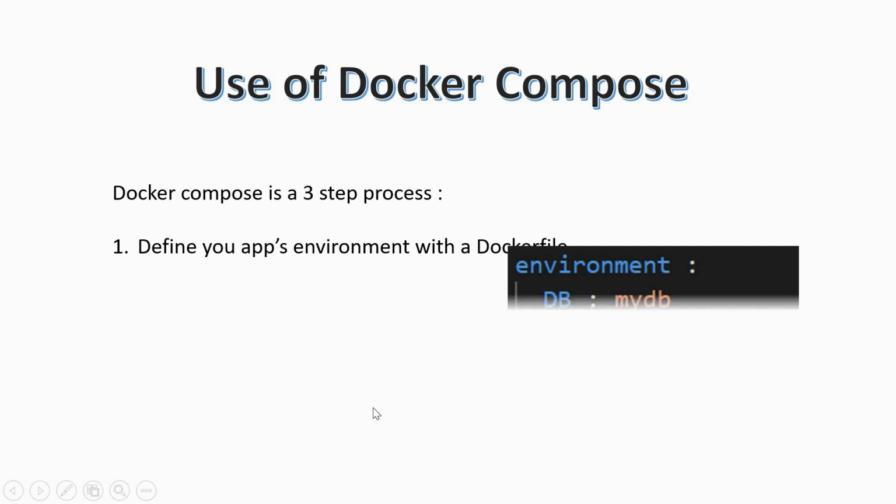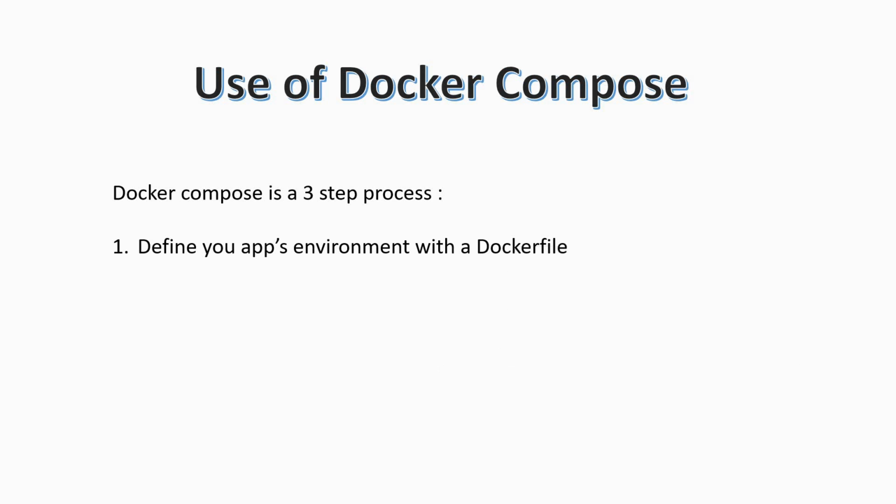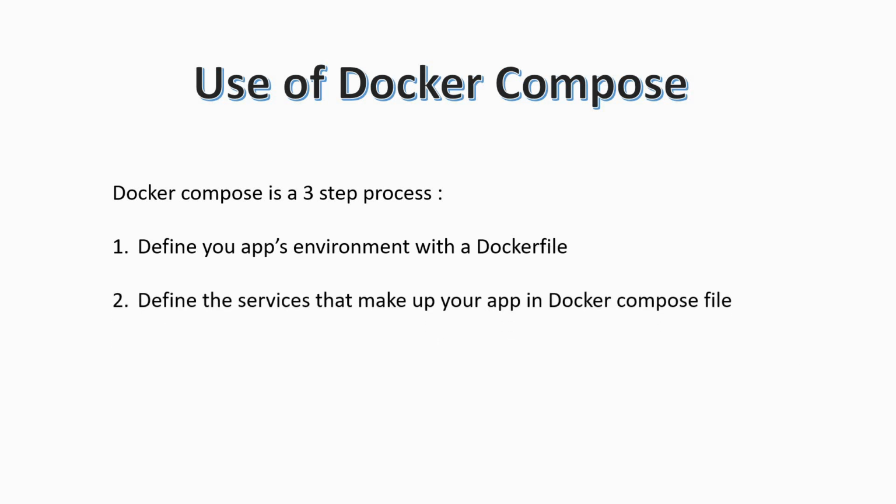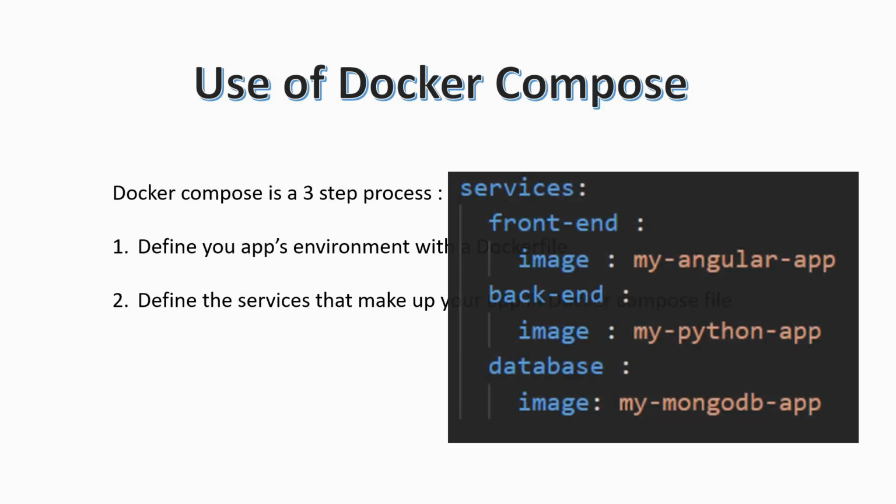Then the second step in using Docker Compose is that we have to define the services that will make up our application in the Docker Compose file. Let's say we have an application that has a front end, a back end, and a database. Then we would likely split those components into three different services.